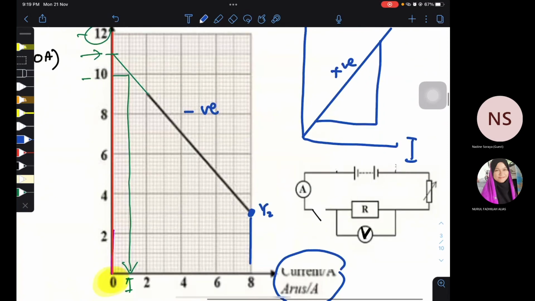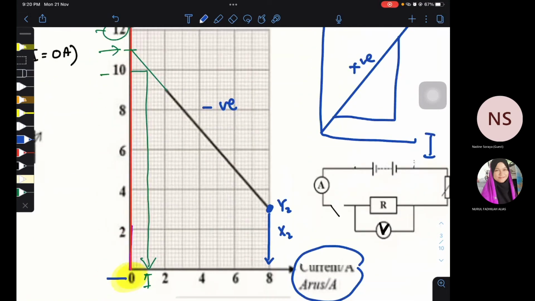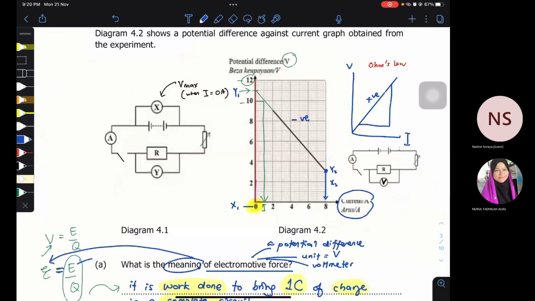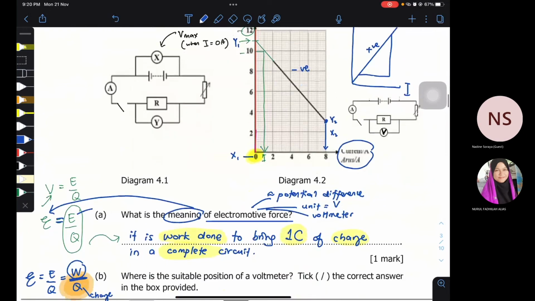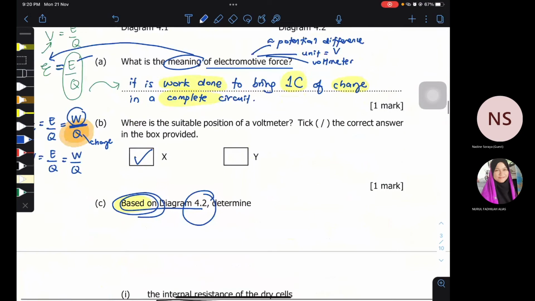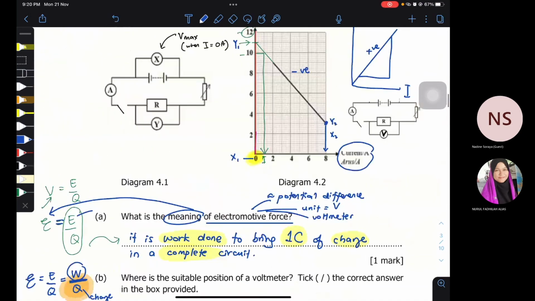So dia punya x2 kat sini. x2 dia. So kita ambil lah. Yang ni senang. Ni akan jadi x1. Ni dia punya respective y1. Jadi kalau tengok kat situ, my values tu apa? 3 tolak berapa? 11.